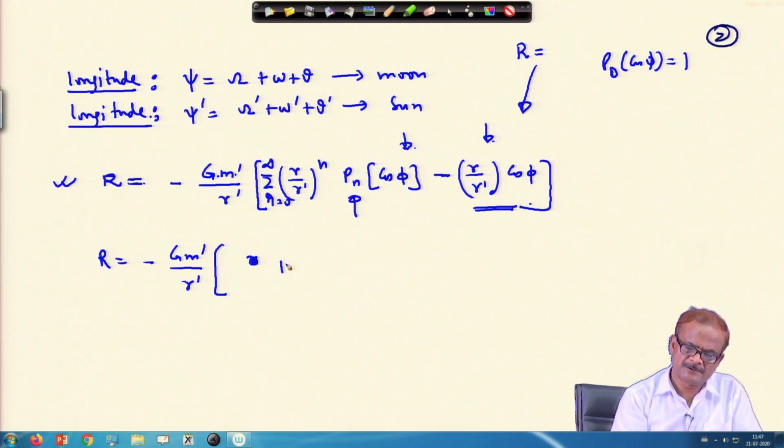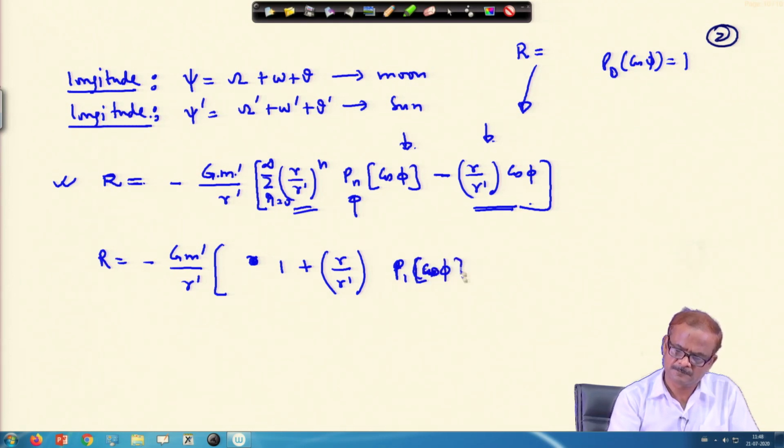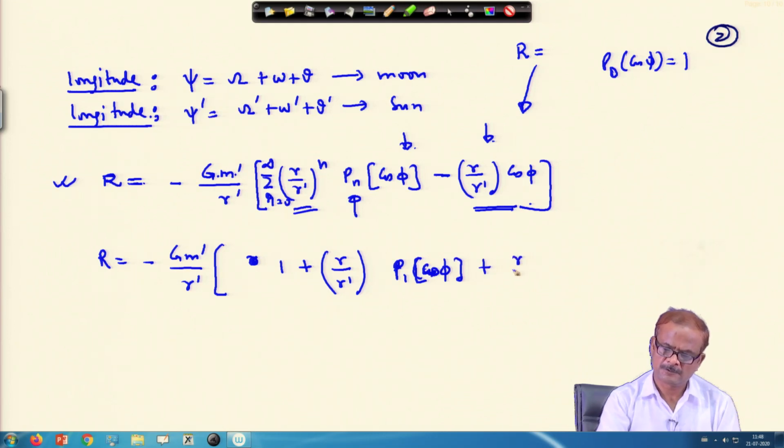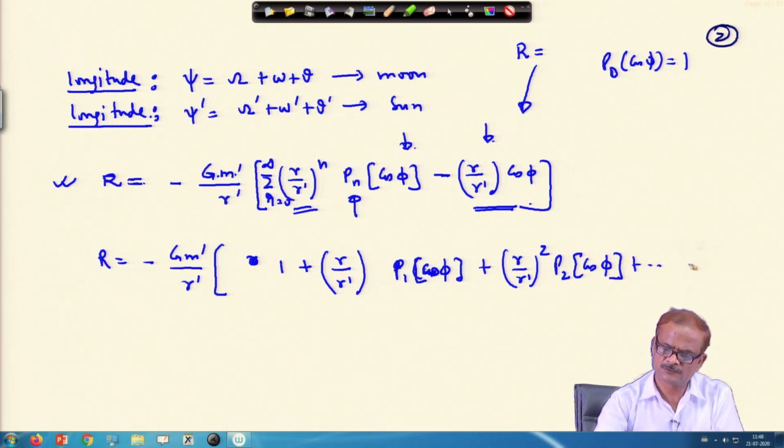So, for n equal to 0 this part also is equal to 1. So, this way we can expand it and write this as r by r prime cos phi P 1 cos phi, r by r prime square P 2 cos phi and so on, minus r by r prime cos phi.